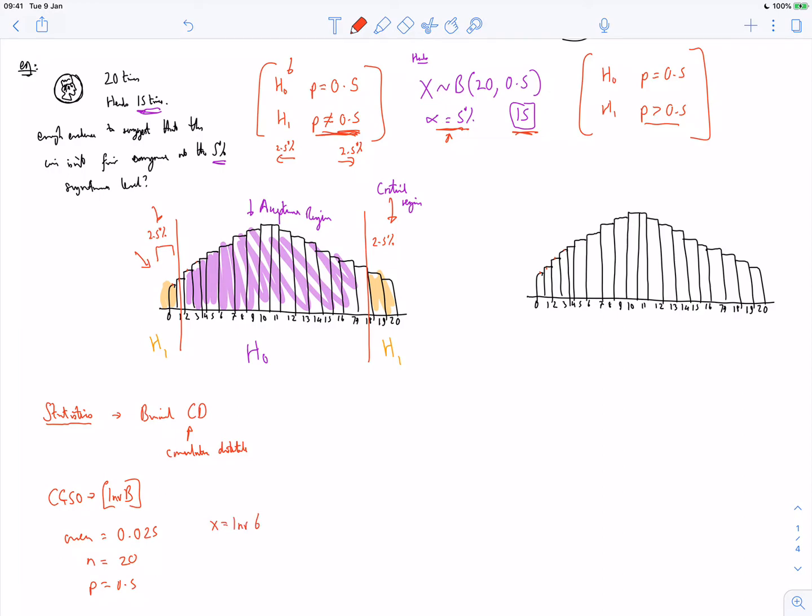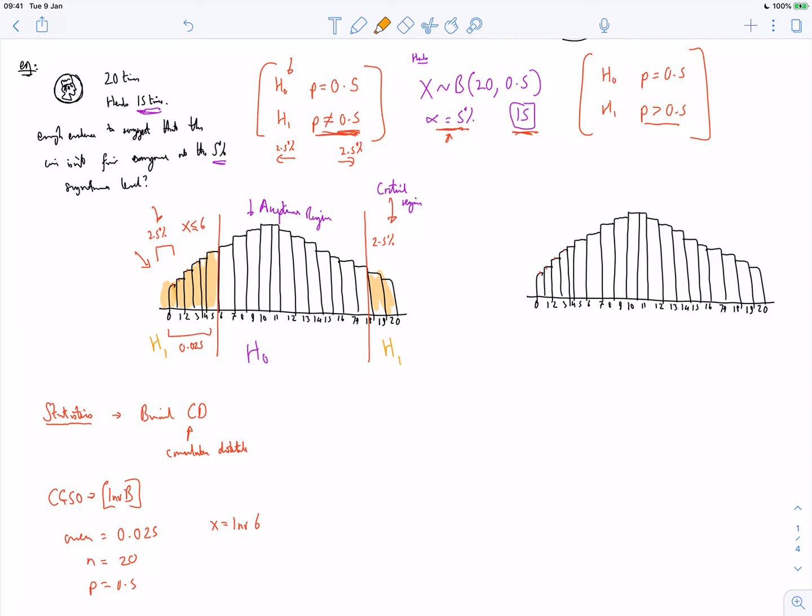So that means, actually, this is a little bit wrong. I need to go up to and including X less than or equal to 6 in order to get a region where this is 0.025. So any value that's less than or equal to 6 would fail our test.